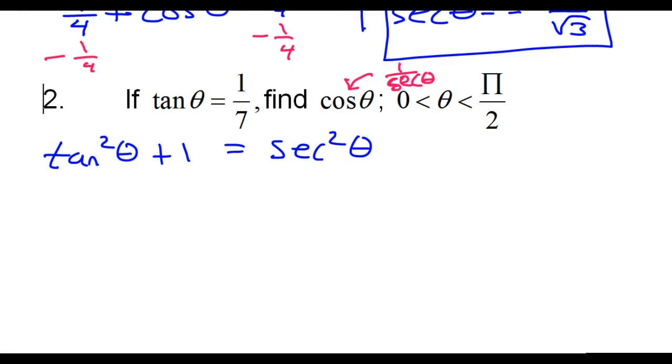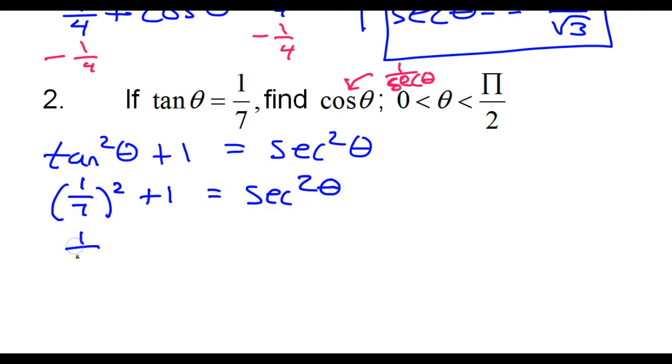Alright, so I have tangent, so I can do the substitution. So this is really going to be 1/7 squared, because tangent squared is 1/7 squared, plus 1 is equal to secant squared theta. Well, this would be 1 over 49. Now remember that 1 is a chameleon.